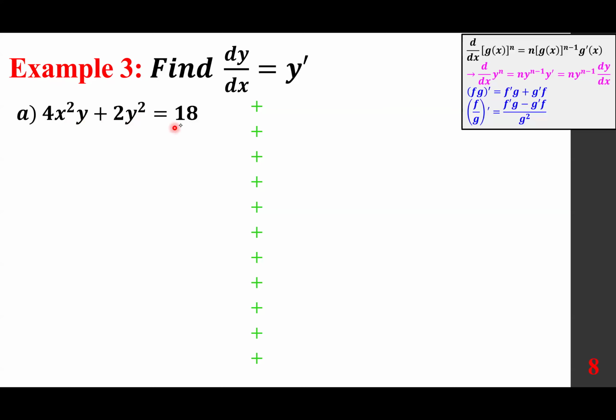4x squared y plus 2y squared equals 18. We want to differentiate this, and the first thing we notice, this piece is the product of 4x squared and y, or you can keep the 4 out, either way.